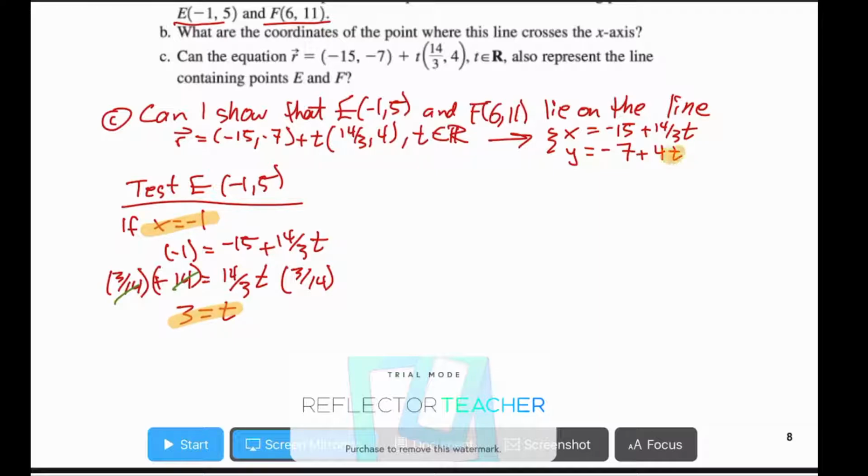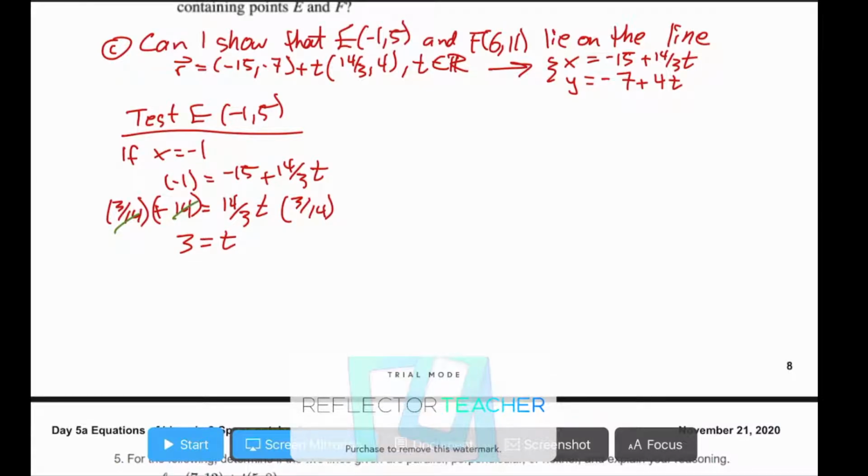Let's plug t into our parametric equation and make sure that our y value is equal to 5. So y is equal to -7 plus 4 times 3, -7 plus 12, which is +5.